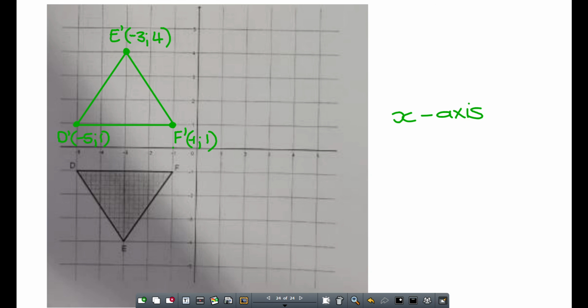Okay, now we still got to reflect in the y-axis. Again, when we reflect in the y-axis, y values stay the same. The x value is going to change. Okay, so f will be over here. And because I already used 1 comma, I've got to use the double one now.